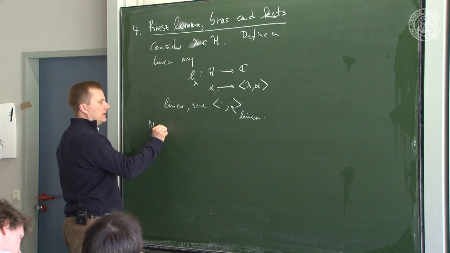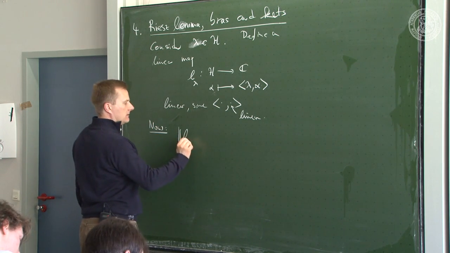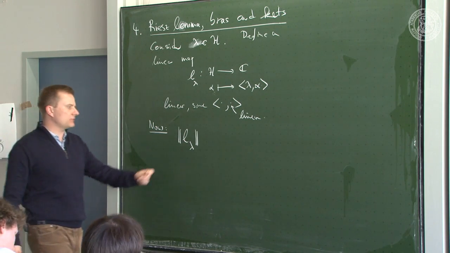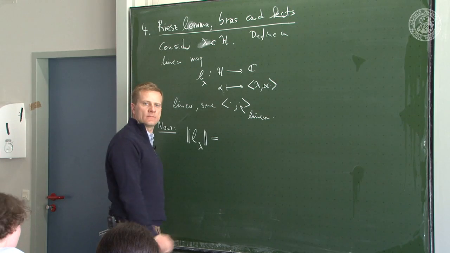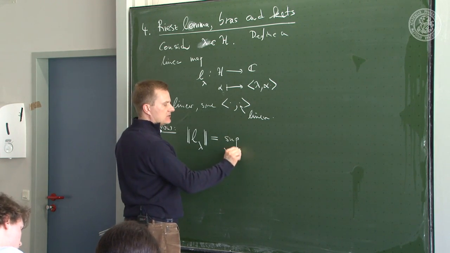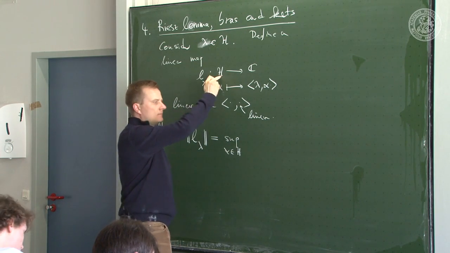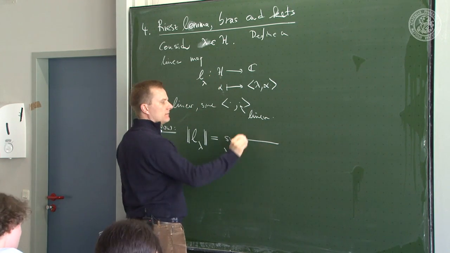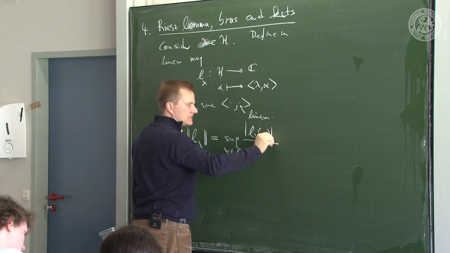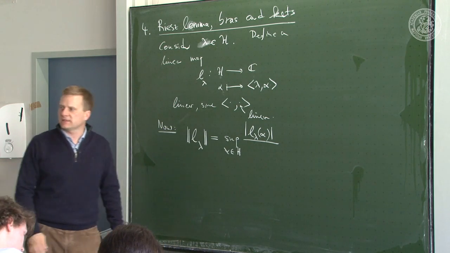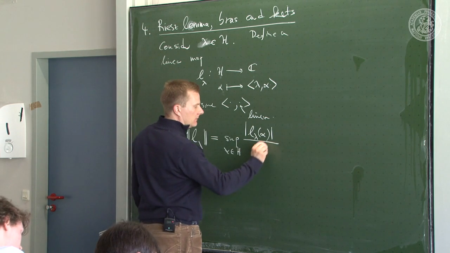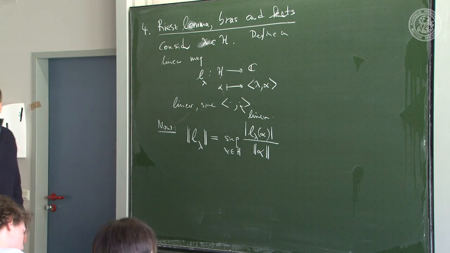How do we find out? Well, we calculate the operator norm of this guy. Do you remember what the operator norm of a map was? It was the supremum over all elements in its domain of the quotient: you apply the map, and in the resulting space you take the norm, well, because the complex number is the absolute value, and you divide by the norm of the element.